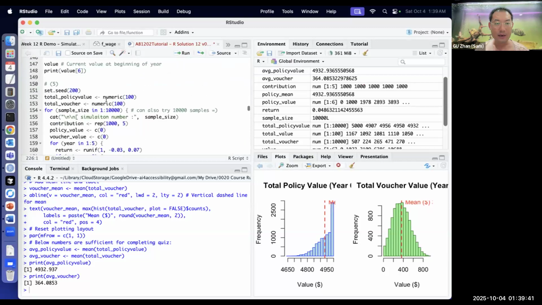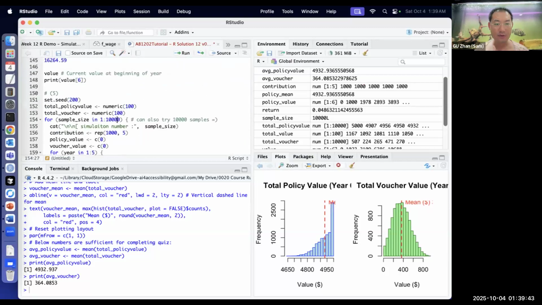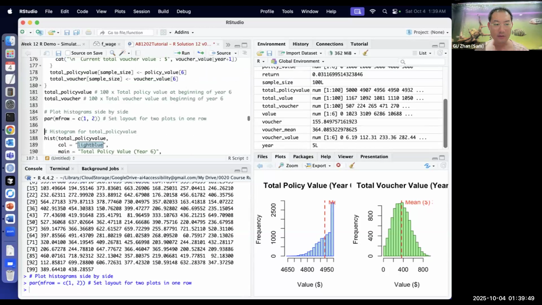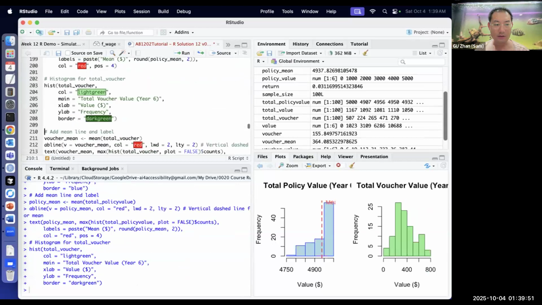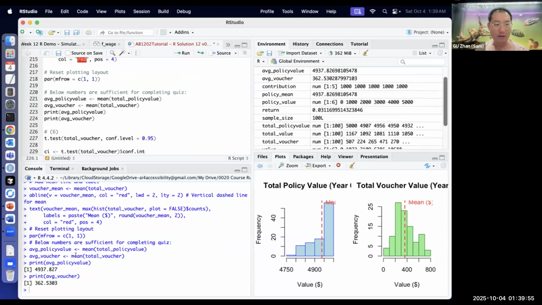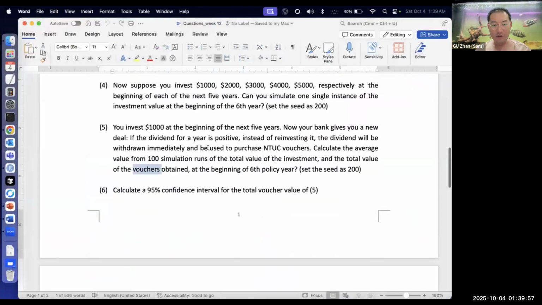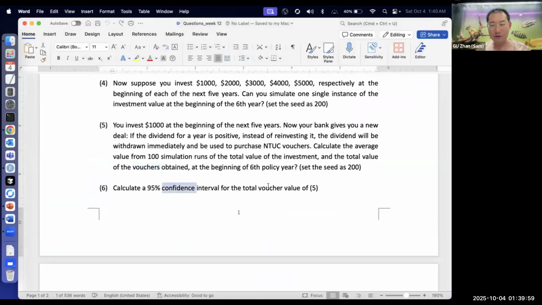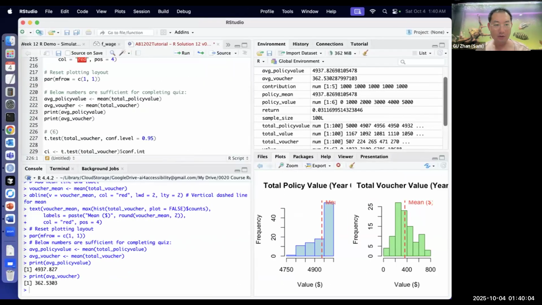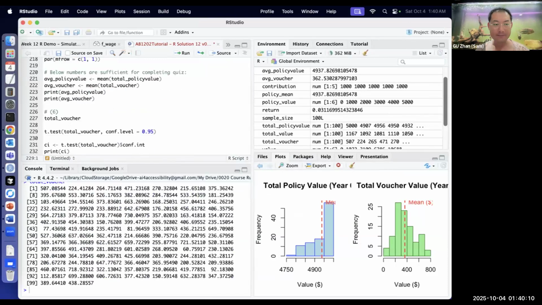Now we need to move it back. Remove two zeros and run again, or set the seed, then run again. The two averages are correct. So calculate the 95% confidence interval for the total voucher value. Total voucher value is this one.